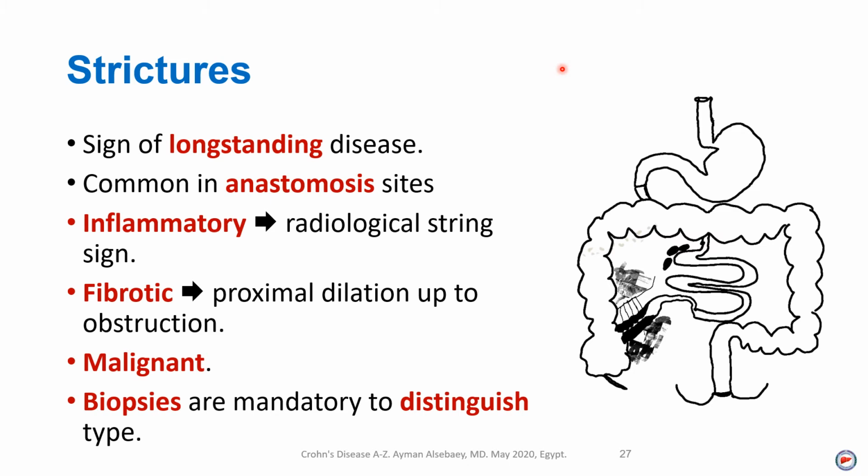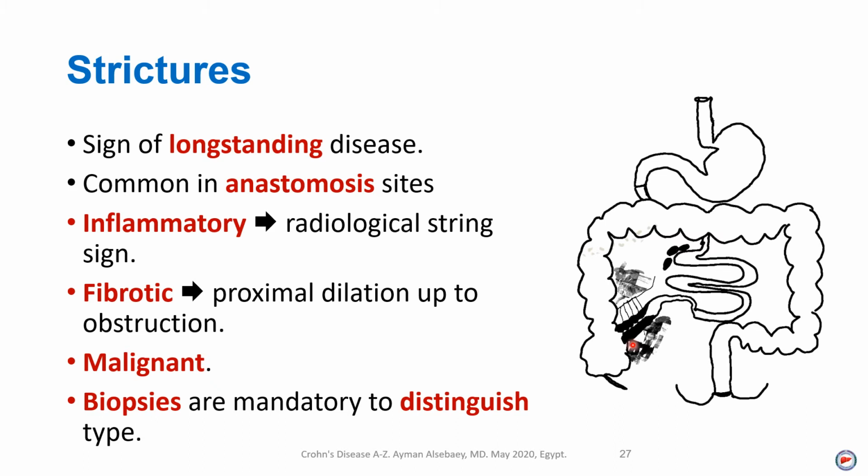Stricture is a sign of long-standing disease. Commonly, we can find it in any part, especially the terminal ileum, and it is common in the anastomotic sites. Okay, there are three types of stricture. In the first stage, you will call it inflammatory, in which the inflammation occurs in all the layers of the terminal ileum.